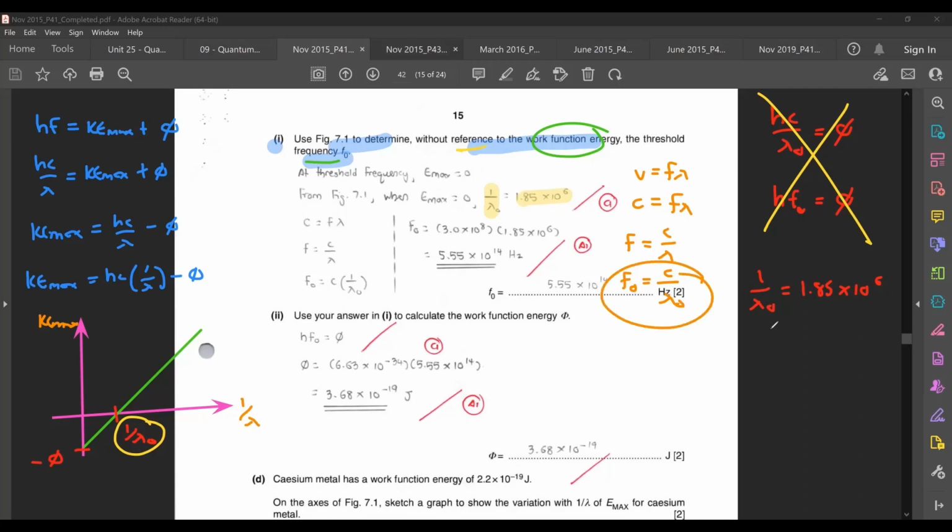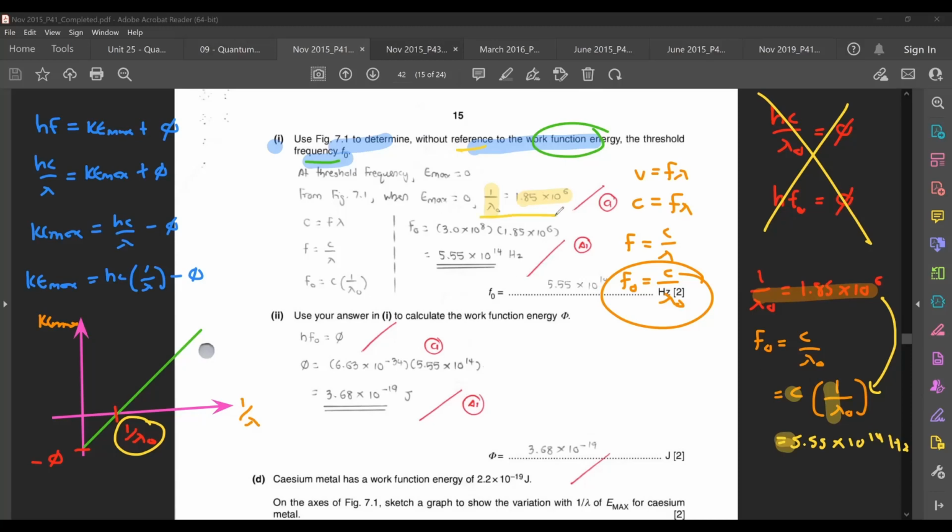Right now, if you already found out what is 1 over lambda naught as 1.85 times 10 power 6, what you can then do is to say that f naught equals c over lambda naught, which is c multiplied with 1 over lambda naught. You just need to substitute the value that you have earlier into here and substitute the value of your speed of light, and you'll be able to get the answer as 5.55 times 10 power 14 hertz.